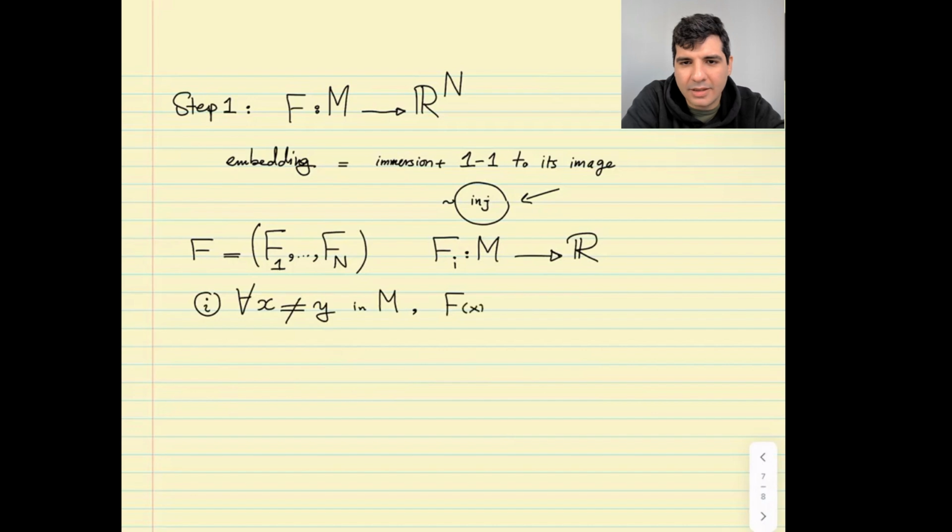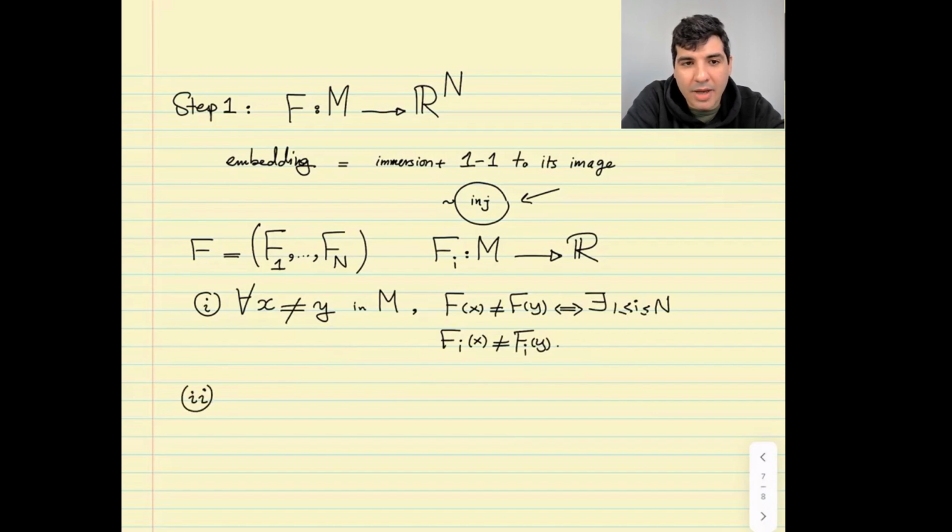That's the property of the map we are looking for. What does it mean? It means at least one of the components should be different. So there should be some i between 1 and n such that fi of x is not equal to fi of y.